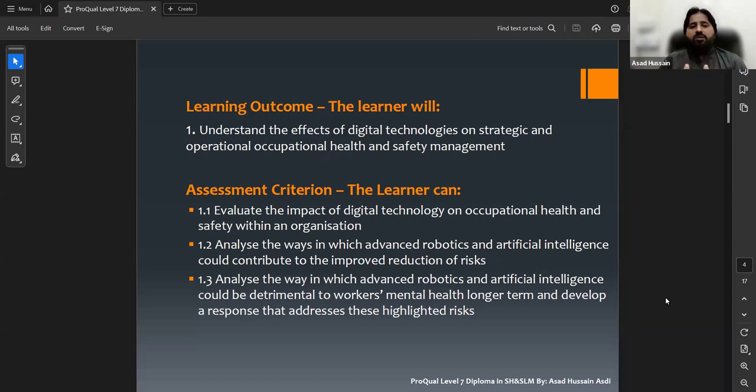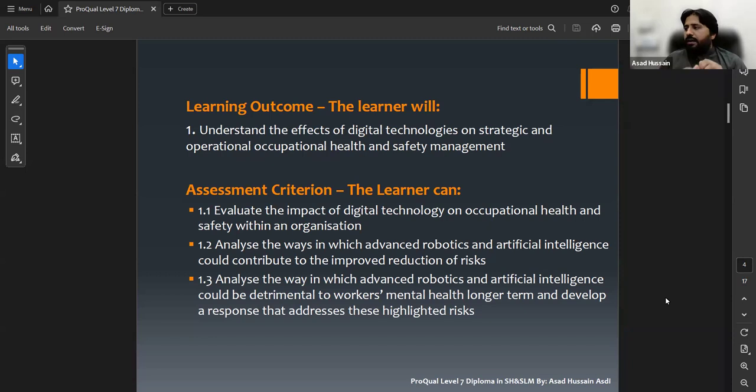So basically, how these technologies can work to address the issue raised, which is detrimental to workers' mental health, longer term issues. How are AR and AI used for this purpose? You have to provide the analysis of that.